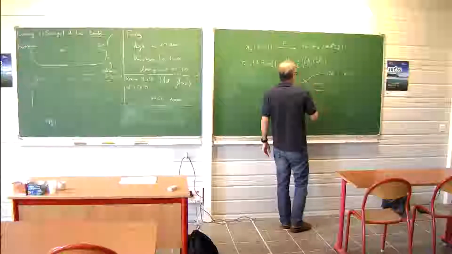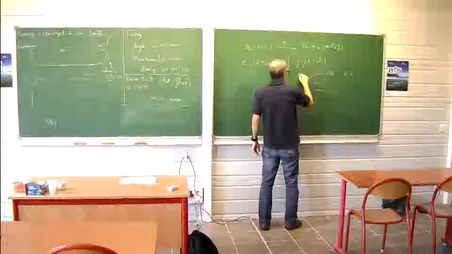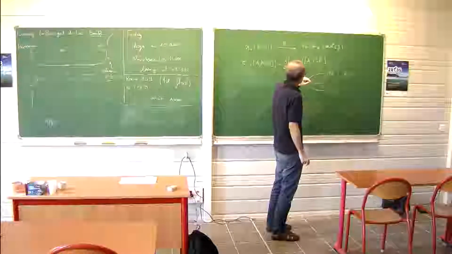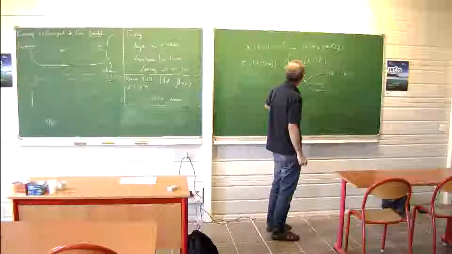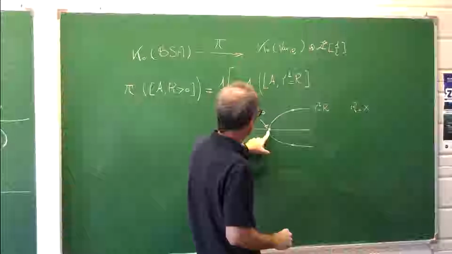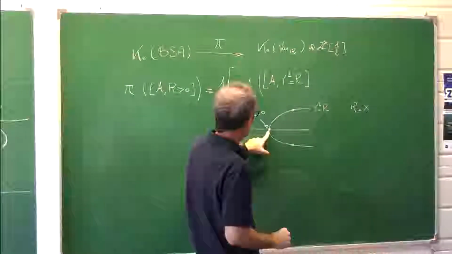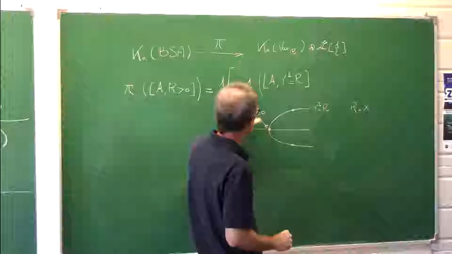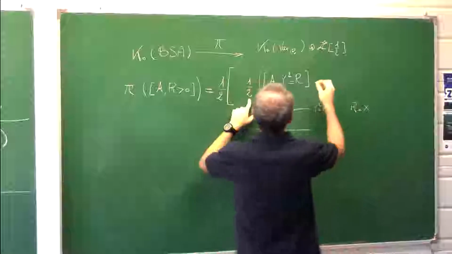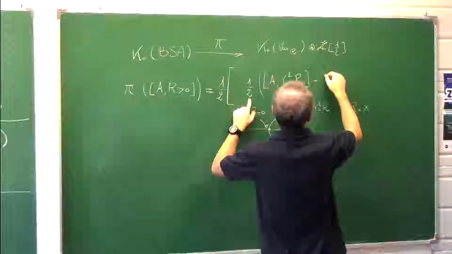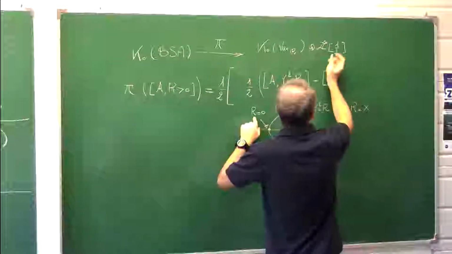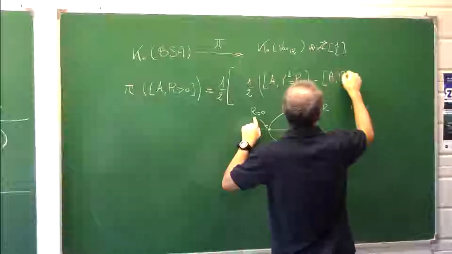Here I have the locus of points where R is 0. So as you see, for these special points I only have the point divided by 2, which is too much, so I have to subtract the point, but the point is the locus where R is 0.